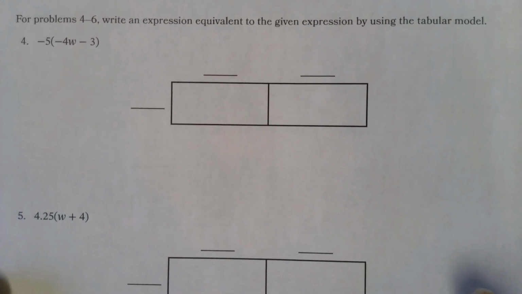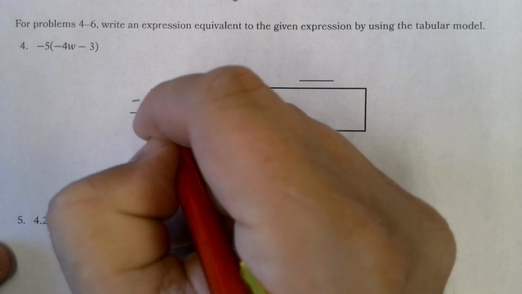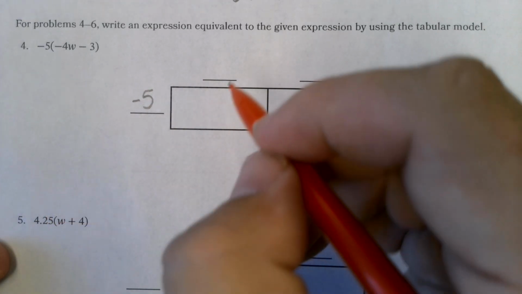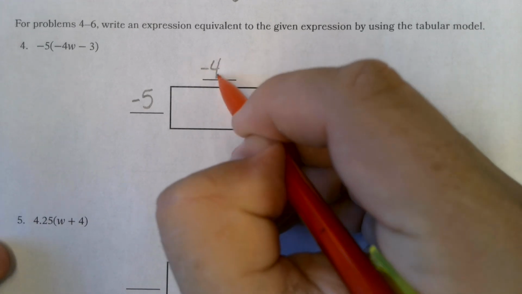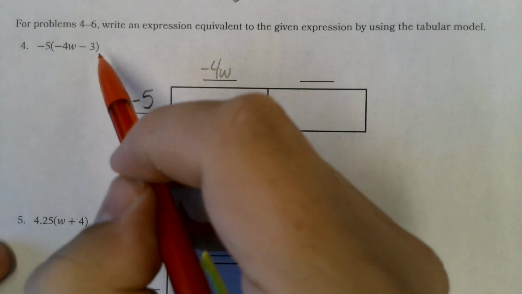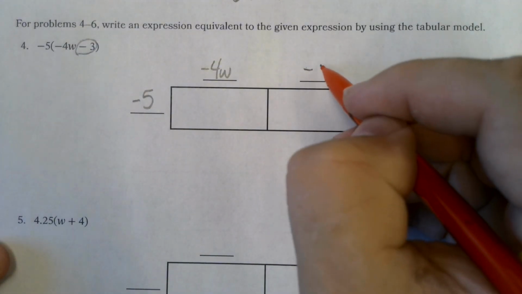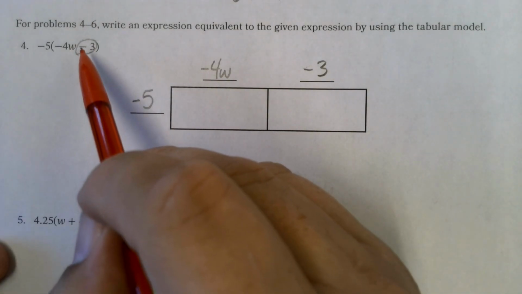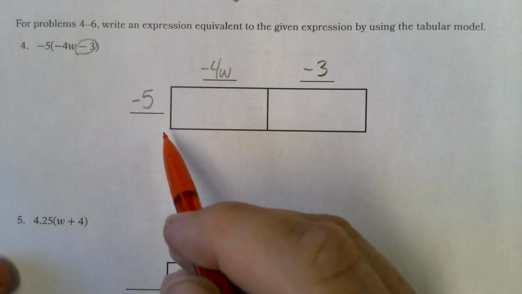For 4 and 5, we're going to keep doing the same thing. Okay, number 4, I've got a negative 5 out front that I'm multiplying. I'm multiplying negative 5 times a negative 4w. And this minus 3 is actually going to become a negative 3. We're always going to include that symbol with our number.